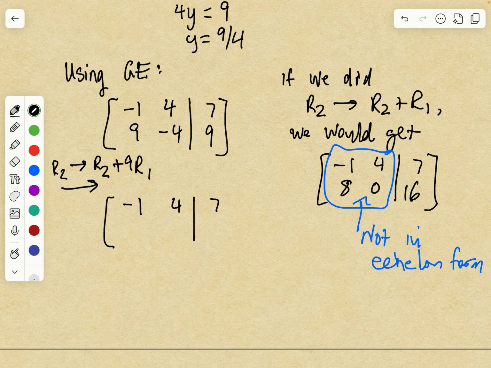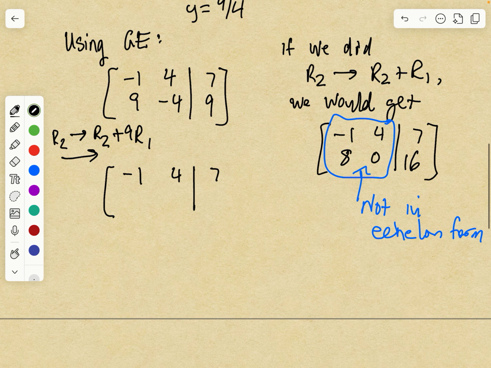If you multiply row 1 by 9, then you're going to get a -9 on the top, and when you add it, you get 0. Then you get 36 minus 4 is 32, and then 63 plus 9 is 72.